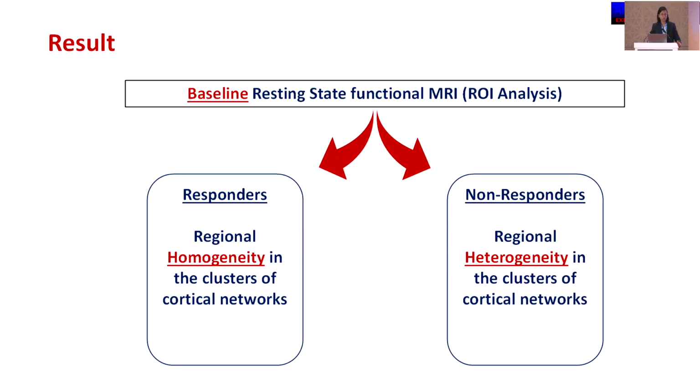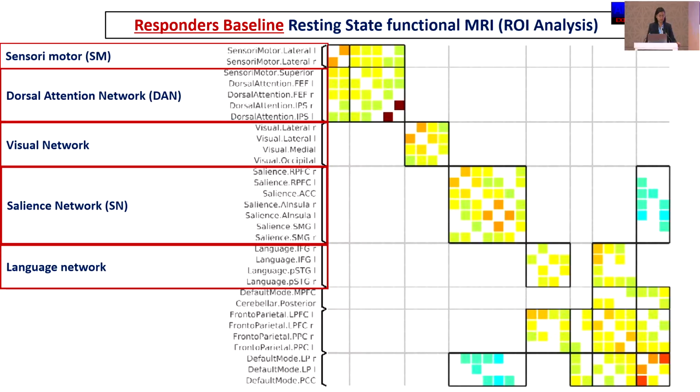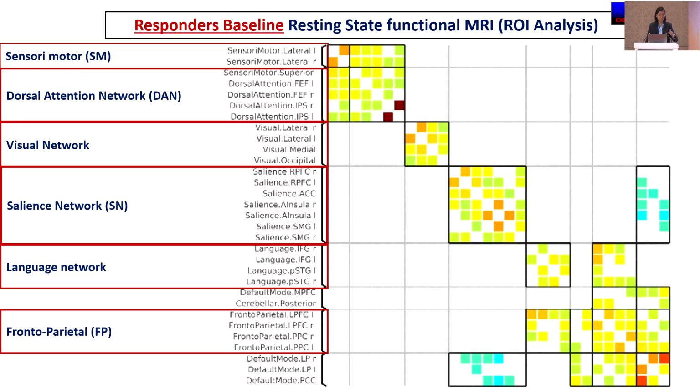We went back and studied baseline resting state functional MRI, and we found significant differences at the cortical level. The regional homogeneity in the cluster of cortical networks was seen in responders and heterogeneity in non-responders. If you can appreciate, a single cluster of cortical network is solely dedicated to a single named cortical network in responders. For example, we have a separate cluster for visual network, saliency network, language network, and frontoparietal.